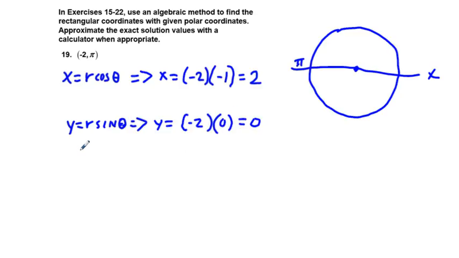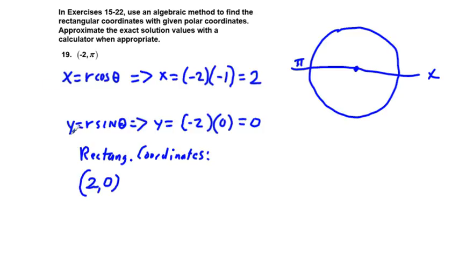So 0. So our rectangular coordinates are simply going to be the coordinate pair 2, comma 0. And that's it.